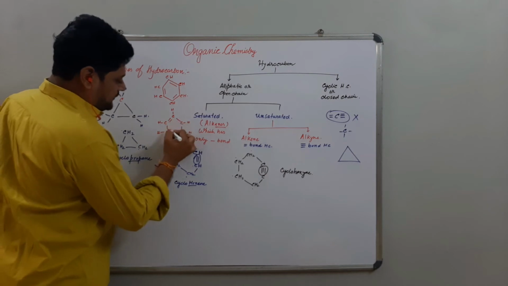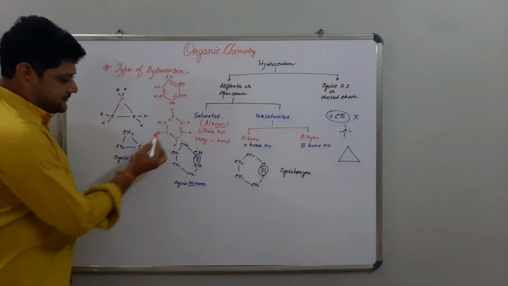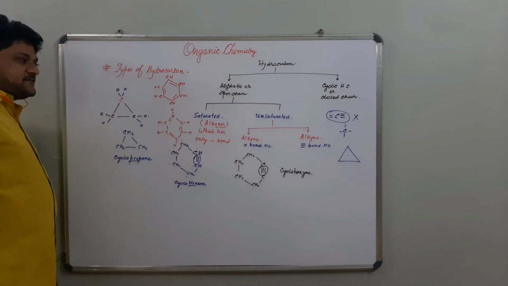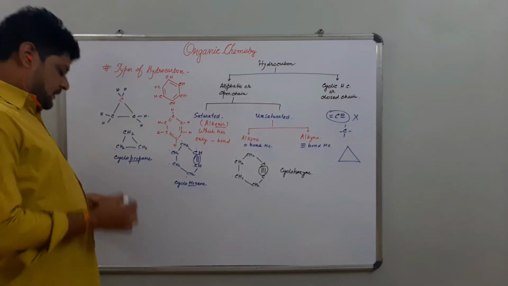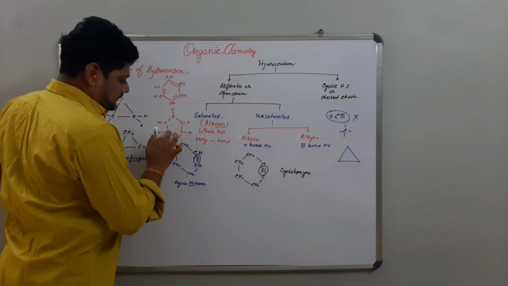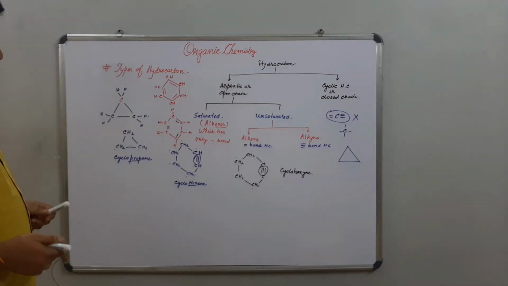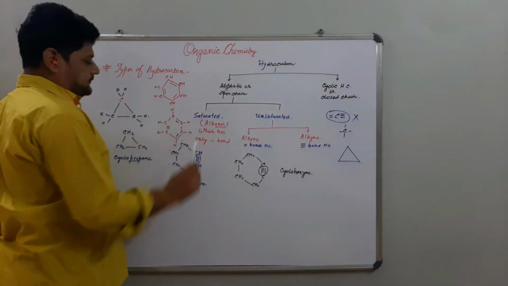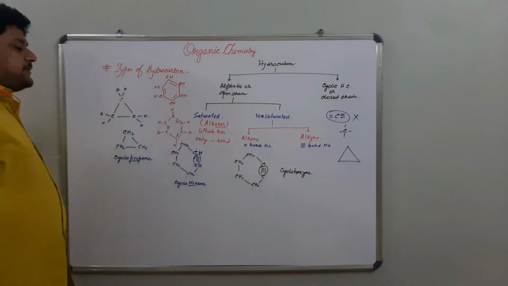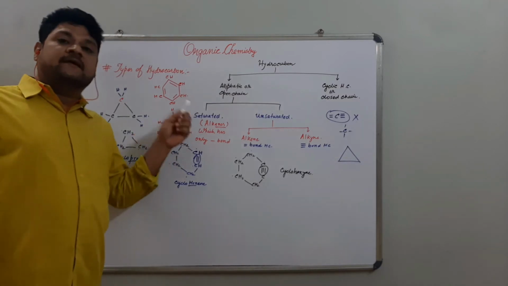So if you put one double bond over there, then you see 1, 2, 3, 4 satisfied, 1, 2, 3, 4 satisfied, 1, 2, 3, 4 satisfied. Like this, all carbons have satisfied their valencies. Now you can draw this double bond here also. Basically this type of closed hydrocarbon has double bonds and single bonds together, but in alternate positions.